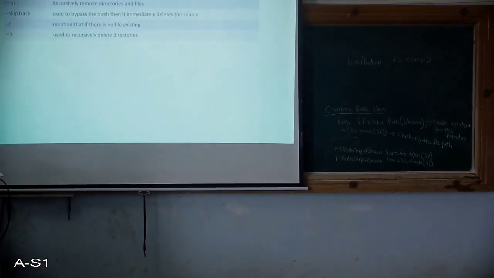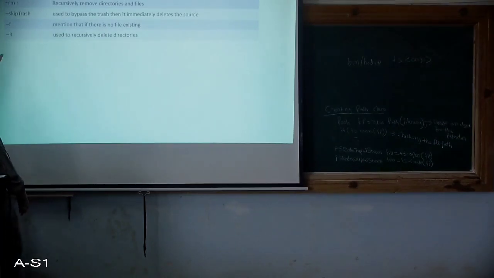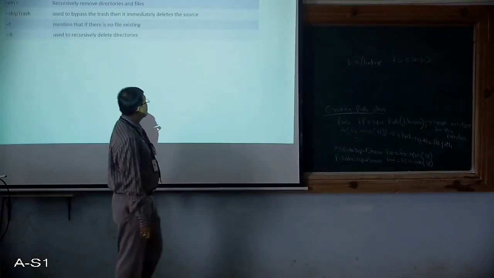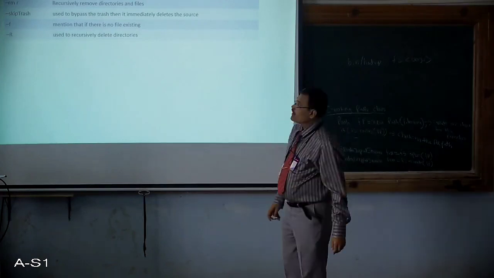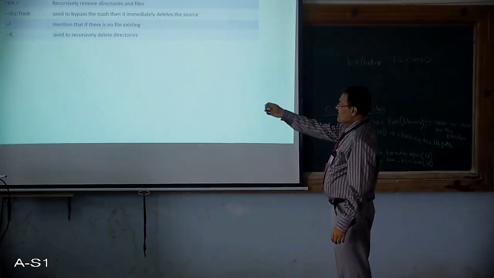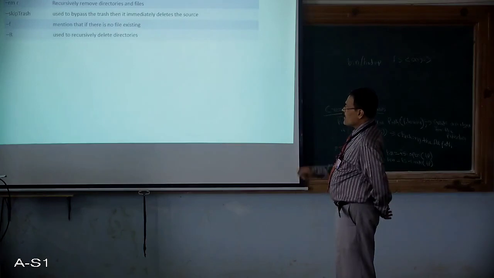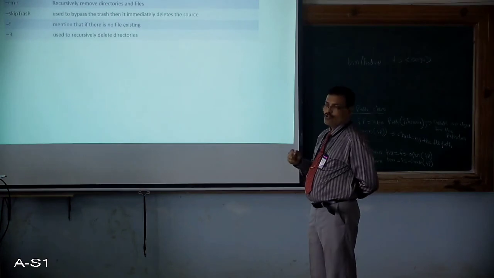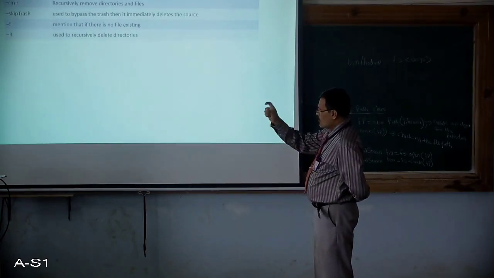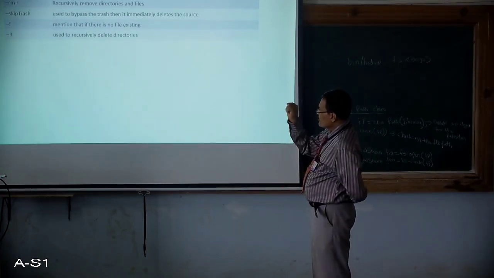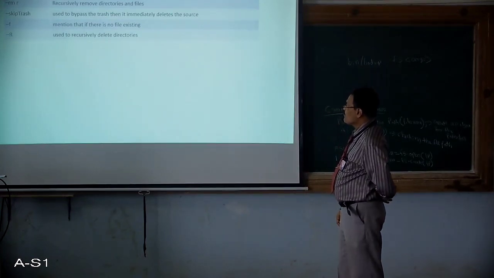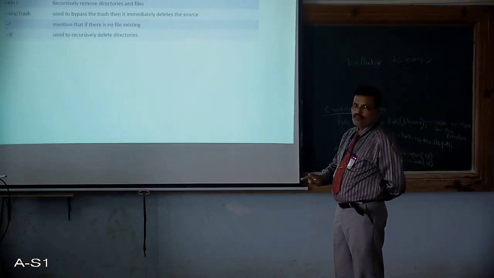Continuing with the rm command, if you mention just -rm, only files can be removed but directories can't be deleted by this command. If you use -rm with the option r, then it recursively removes the directories and files also. Then -skipTrash is used to bypass the trash, so it immediately deletes from the source itself and will not go to the trash.